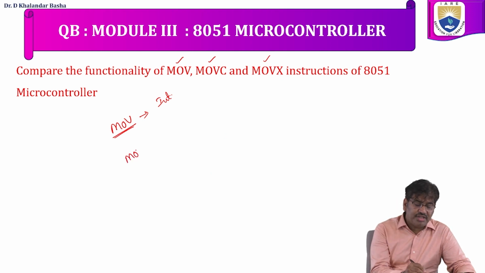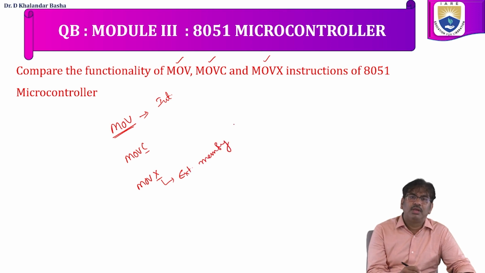The next instruction is MOVC, where C stands for code, meaning the data we are transferring is related to code information. The next one is the MOVX instruction. This X indicates we are transferring data with external memory, either from the external memory to microcontroller or microcontroller to external memory.